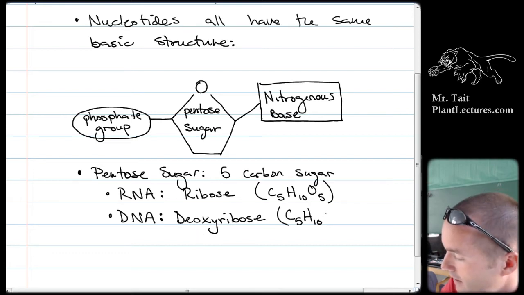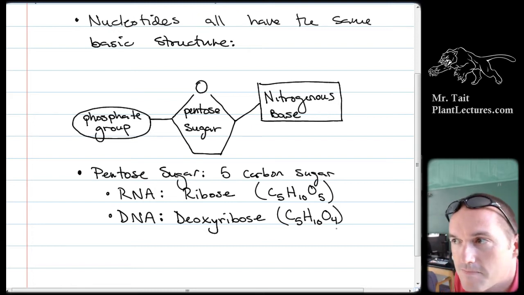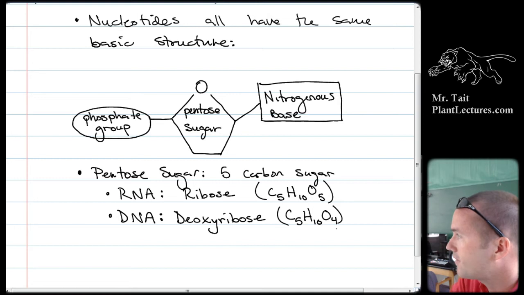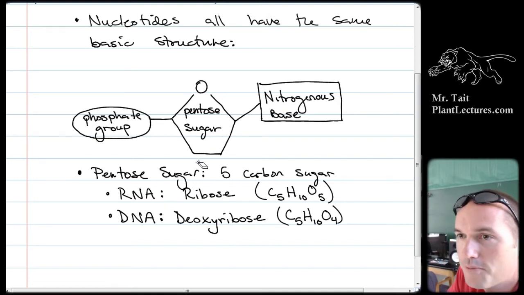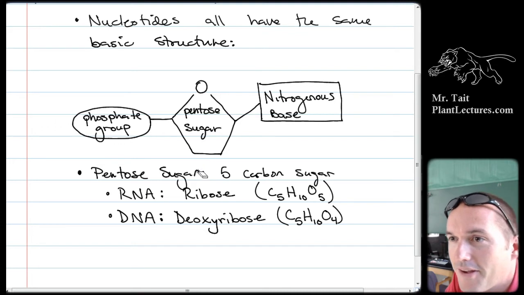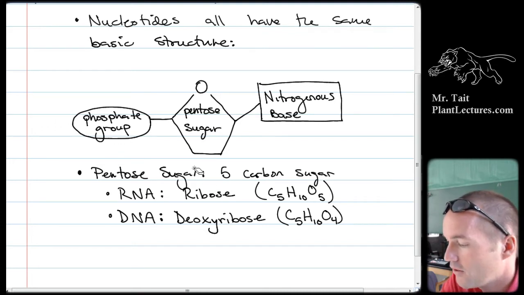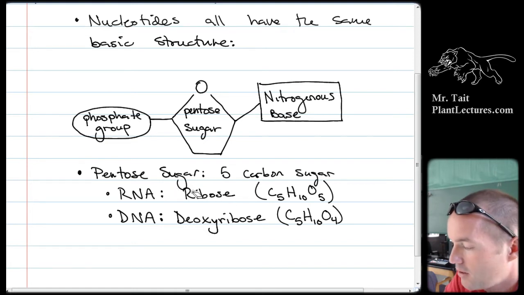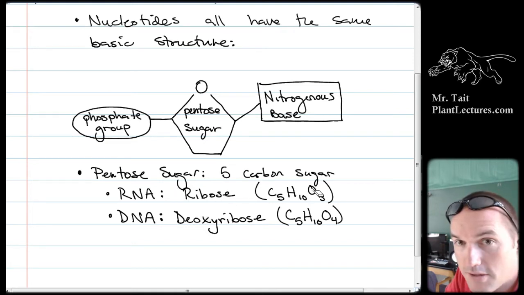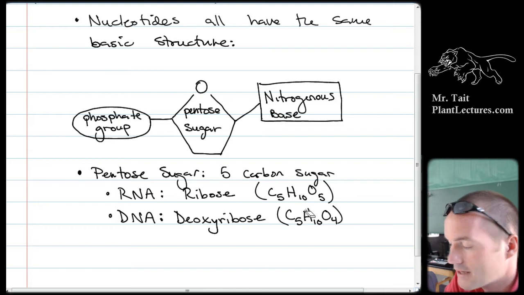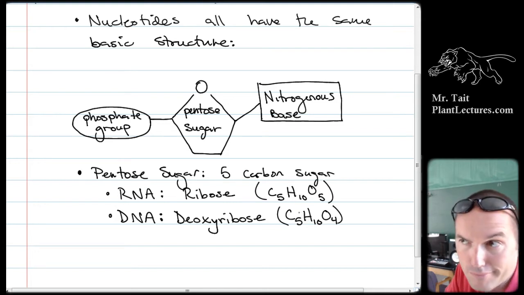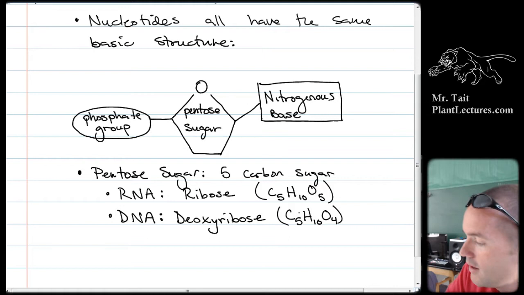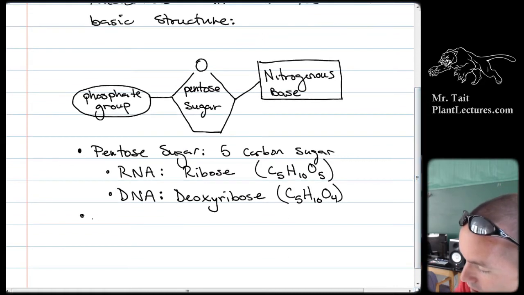So this is C5H10O4. That's all this means. That's the difference between RNA and DNA, just the sugar, and the only difference between the sugars is the one oxygen. So you've got ribose that's C5H10O5, and then deoxyribose that's C5H10O4. Simple, right?